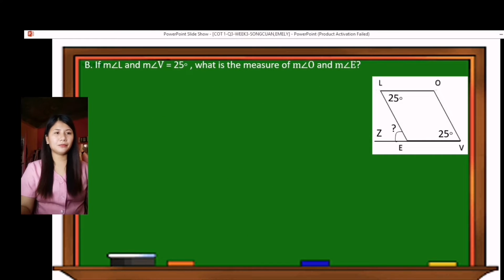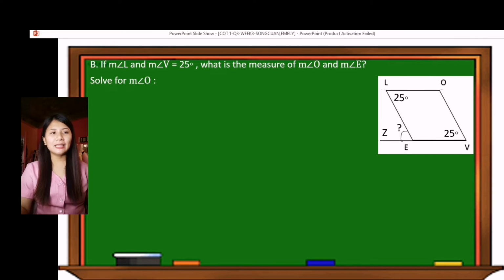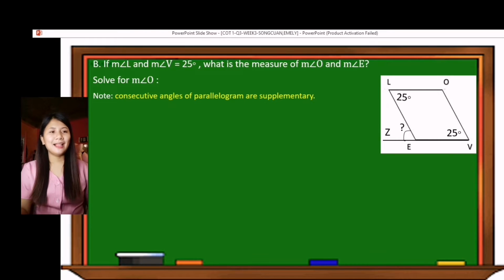Letter B. If the measure of angle L and the measure of angle V is equal to 25 degrees, what is the measure of angle O and the measure of angle E? First, let us solve for the measure of angle O. Let us remember that the consecutive angles of a parallelogram are supplementary.